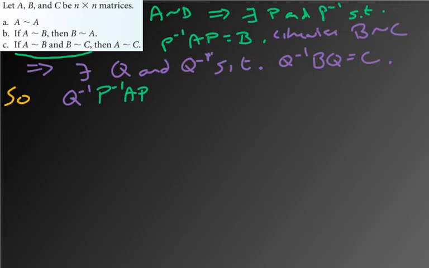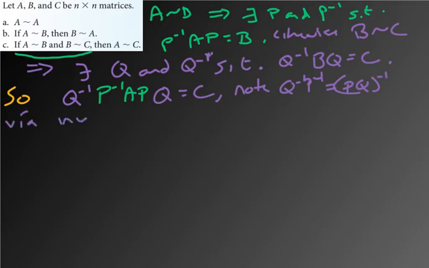This is what I'm substituting, times Q, equals C. And I'm also going to note that Q inverse P inverse would equal PQ inverse via just inverse properties, right?